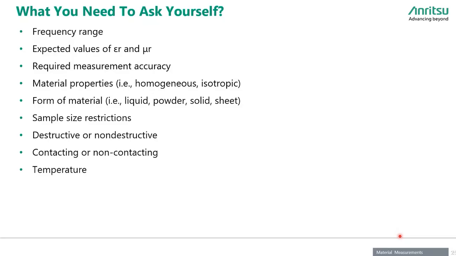That means can we change or alter the size or shape of the material or not? Do we need contacting or non-contacting, that means connect the material under test to the setup, or keep it non-contacting? And the last is the temperature. Do we need to test at room temperature, or is a certain temperature or hostile condition required? For example, we have to keep the material testing at 100 degrees Celsius or 1000 degrees Celsius.